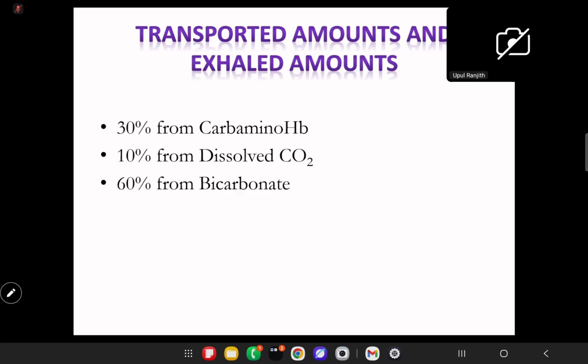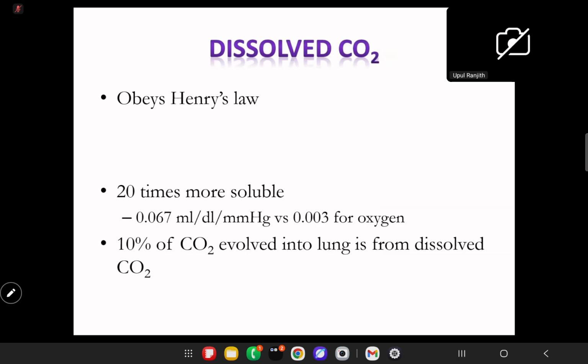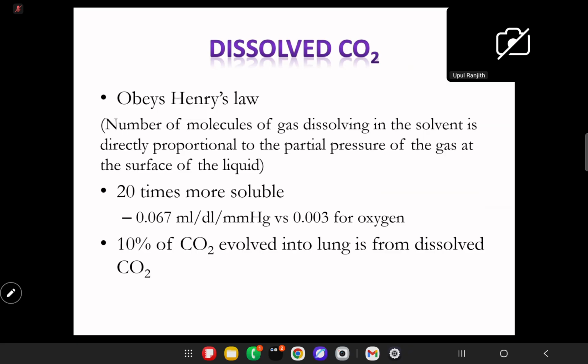So 60% is mostly bicarbonate. Now, dissolved carbon dioxide obeys Henry's law that you learned in physics, right?